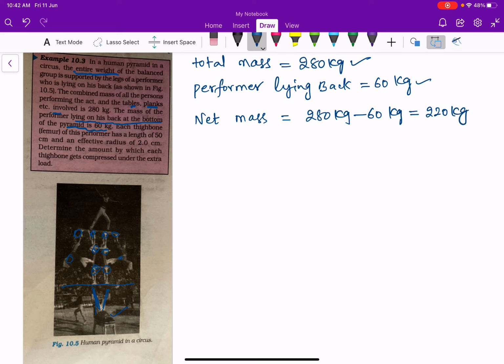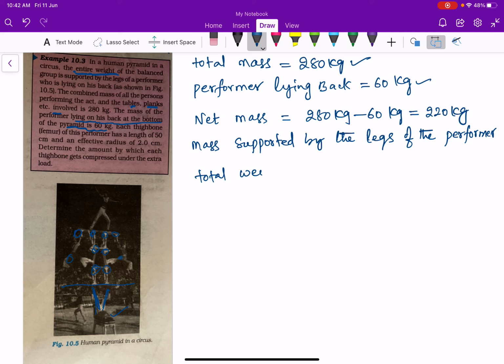This is the mass supported by the legs of the performer. So how many legs are there here? The total weight acting on the two legs is equal to 220 into 9.8, which is about 2156 newtons.